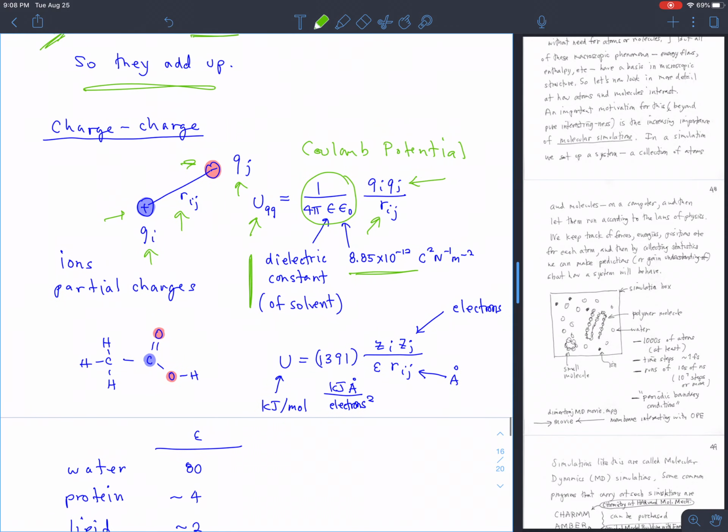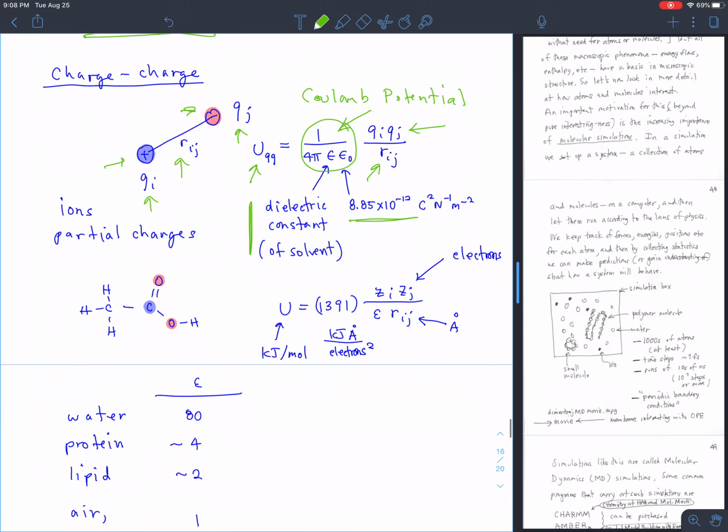If I plug in, this is usually in inconvenient units. It's in electrostatic units that nobody in this class is probably familiar with, and which are confusing because there are several different systems of electrostatic units, and you can easily get confused about which system you're in. In fact, it takes some expertise to really know how to deal with those units.